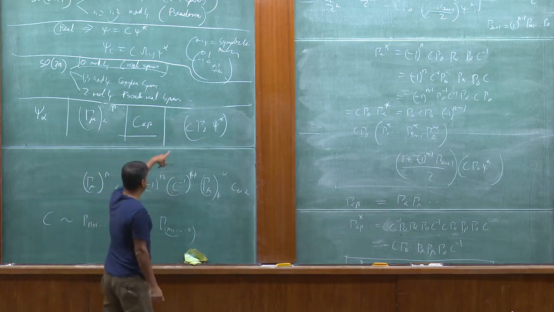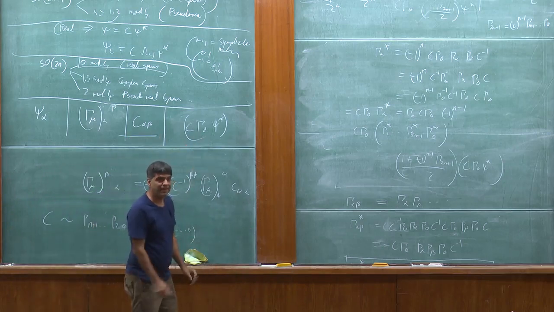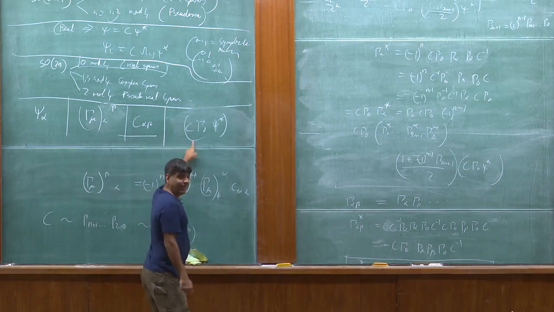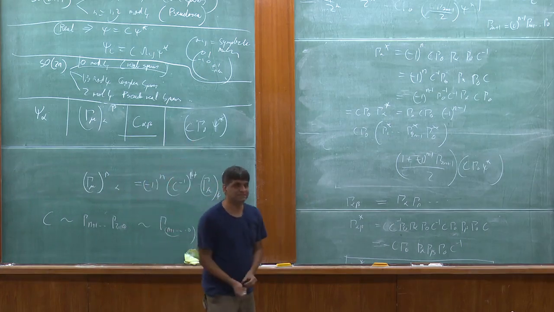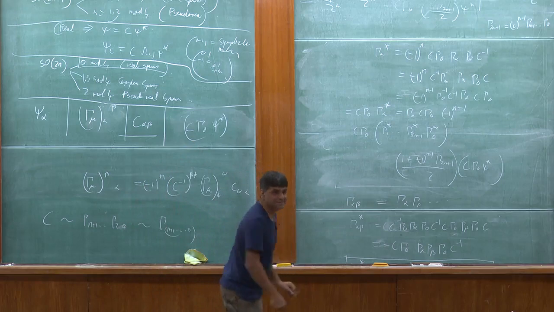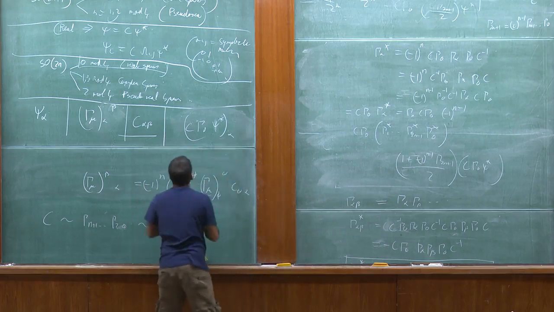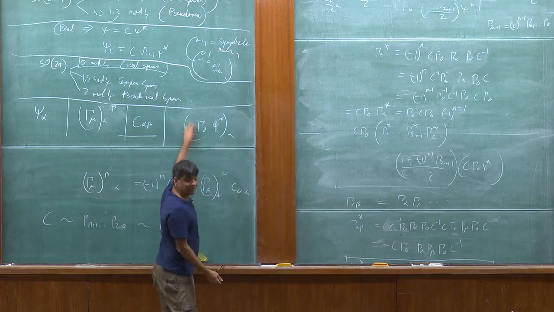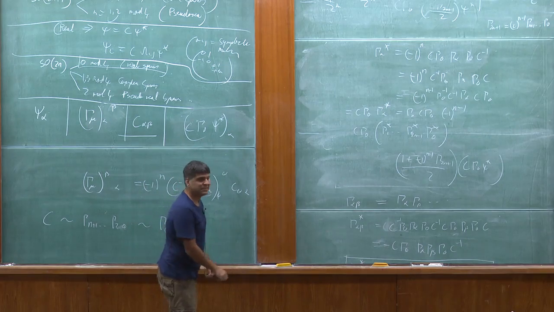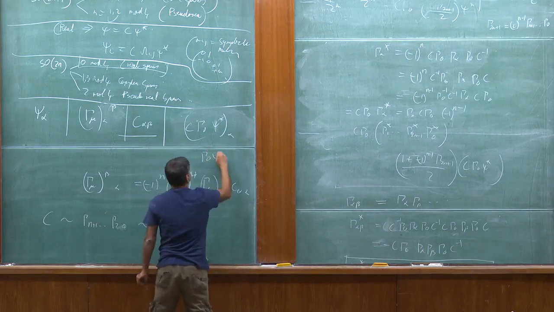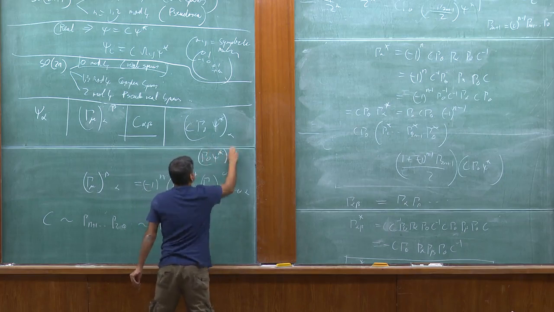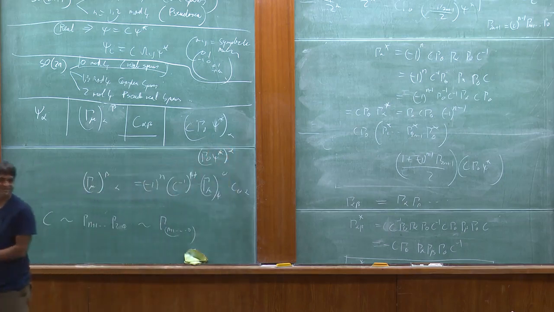And the last thing that we wanted was this object here. This object we knew had the same transformation properties as a spinor. So this object has a lower index. This is some alpha. But this object had a lower index, to be multiplied by a C. So this tells you that gamma 0 psi star has an upper index, so that when you multiply by C, you lower it.